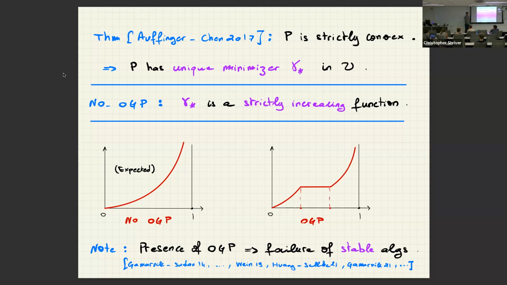The condition of having or not an overlap gap in this model refers to the structure of gamma star. So that's a definition.